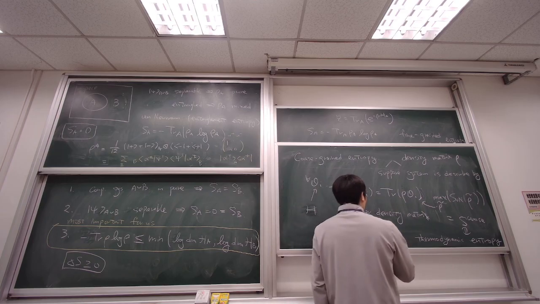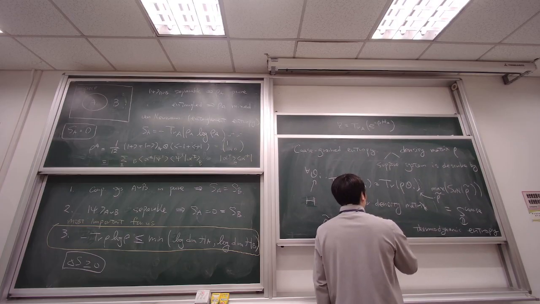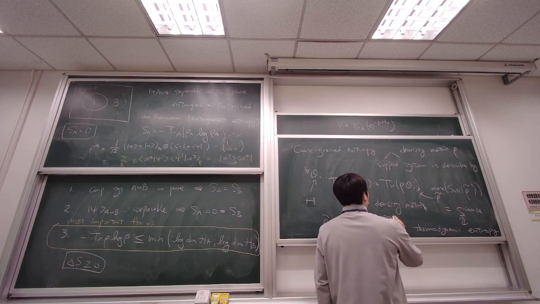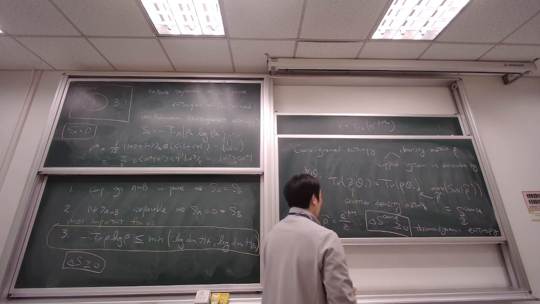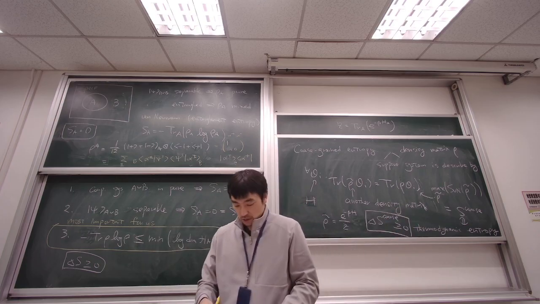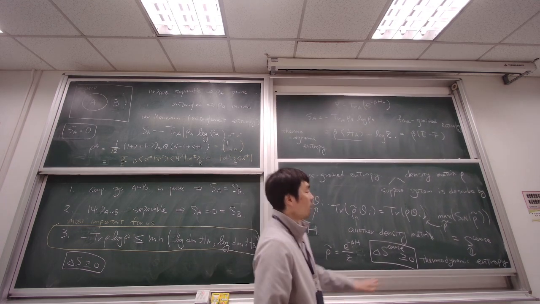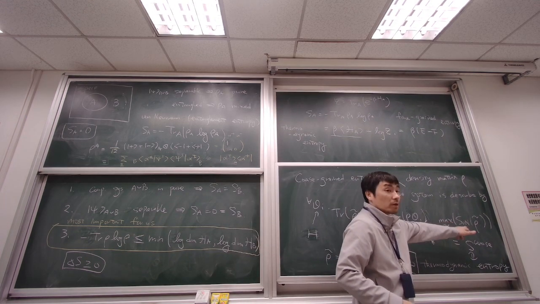So in any case, the change in the coarse-grained entropy, delta S coarse-grained, should obey the second law of thermodynamics, whereas the fine-grained one does not obey this. So that's the important part. And by definition, we only take the maximum value of this fundamental entropy.